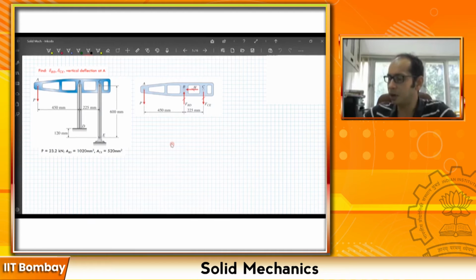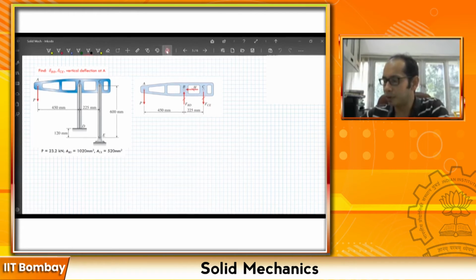So this is the free body diagram of the ABC that you have, right? So you have this force P over here, you have this F_BD, this one, remember this point B was going vertically down, so as a result it is going to push against that particular bar ABC, and this particular force goes vertically down, right?